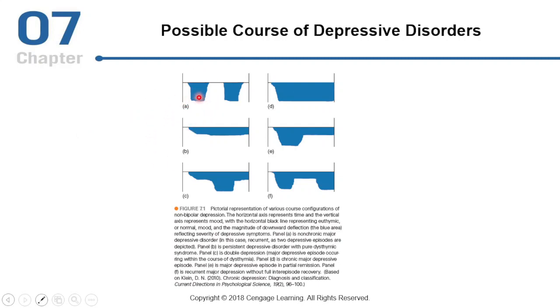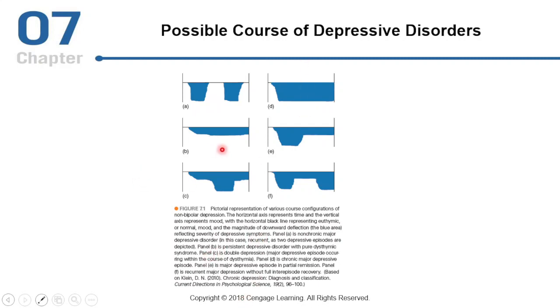So this is how a non-chronic depression happens or looks like in a graph. And then okay, however, since there are two data here, it's non-chronic, but kumbaga nagkaroon ng 2 episodes, may recurrence.